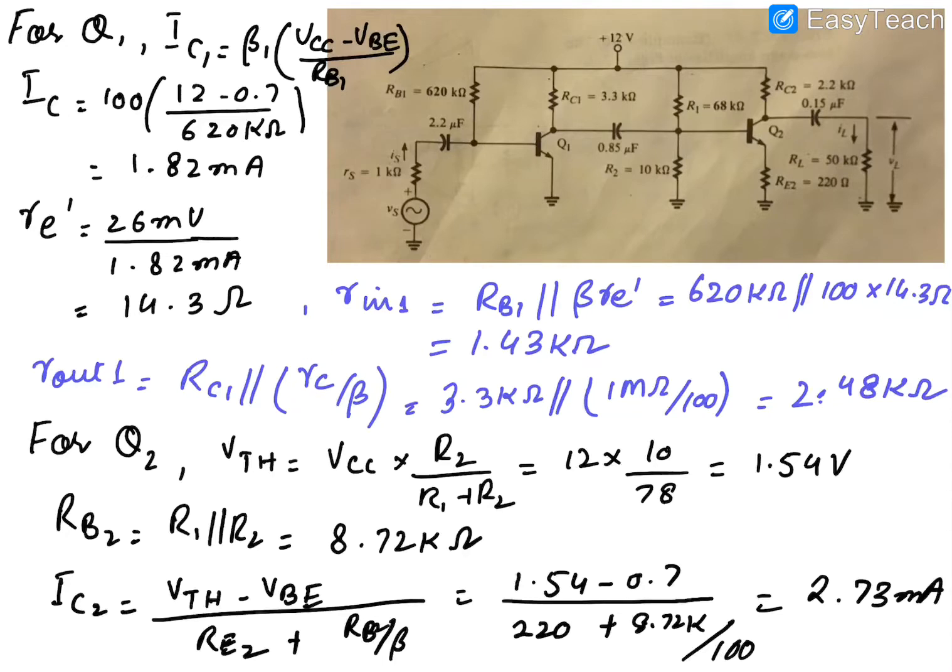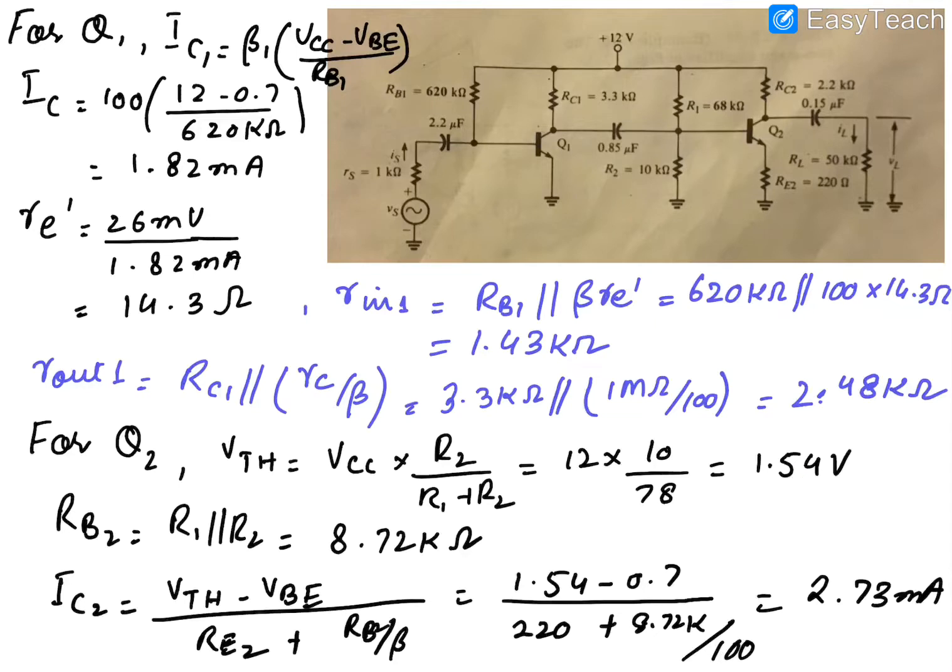So now for Q2, again we have to find the value of input resistance and output resistance, and for this first we have to find the V Thevenin, which is equal to R2 over R1 plus R2 times VCC, and it is equal to 1.54 volts.